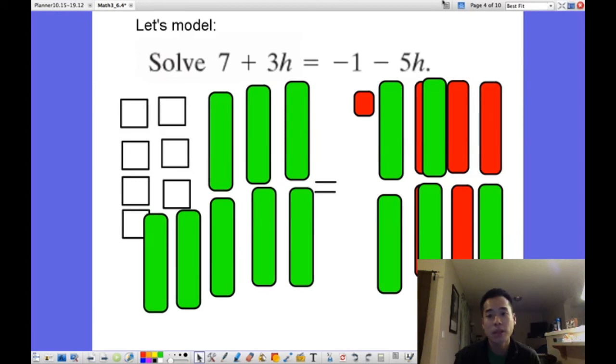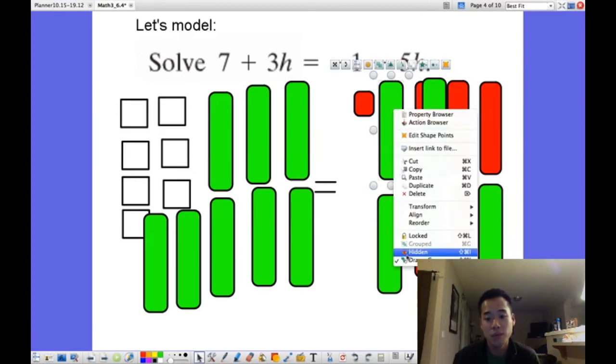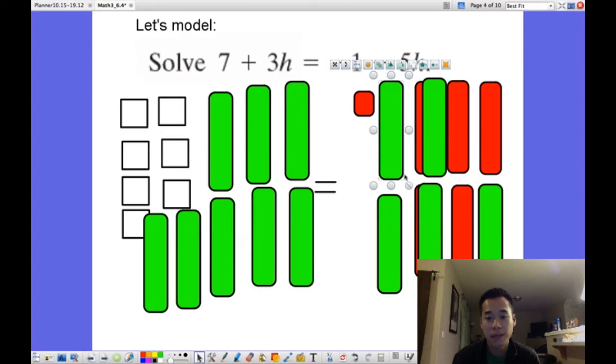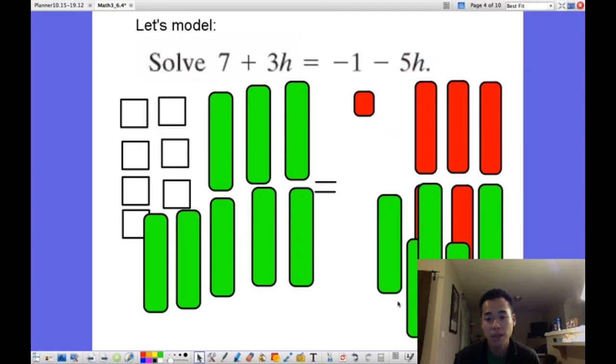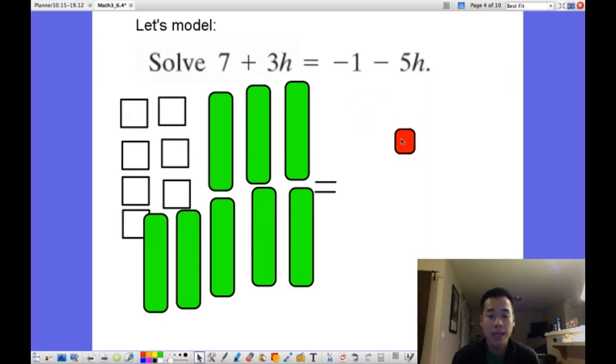So now I'm going to go ahead and cancel everything that cancels. If I have 5 red bars with 5 green bars, you can see right here, 1, 2, 3, 4, 5, these bars cancel out, so they disappear. All I have left on the right-hand side is negative 1.